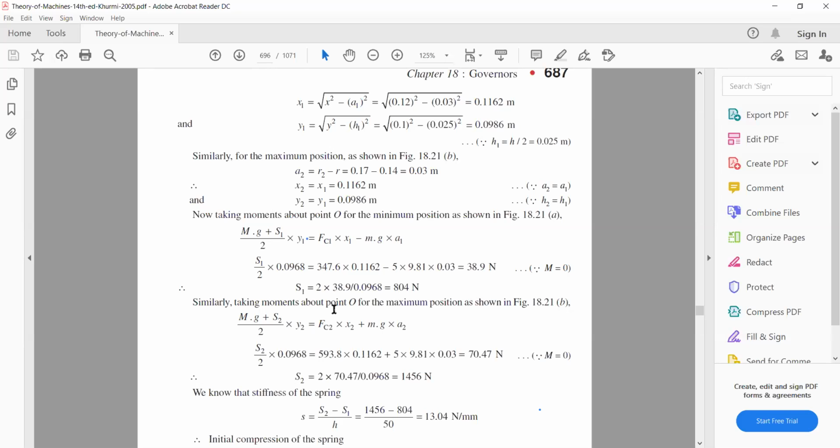Similarly, the s2 value equals 1456 newtons.